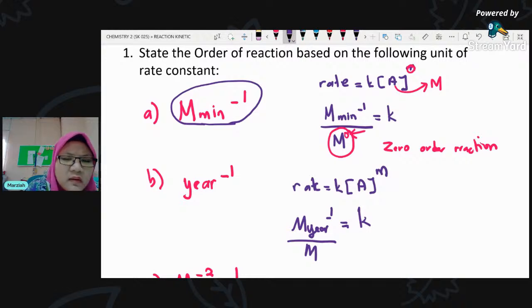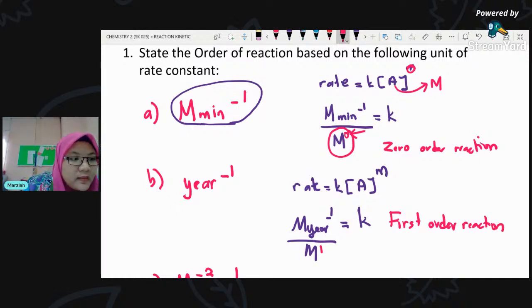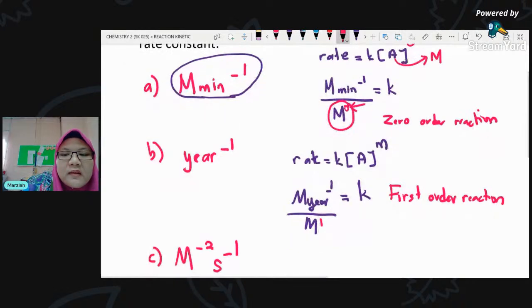Is that 0? If we put 0 here, then 1 minus 0 gives 1, so you won't get per year. Yes, correct, the answer is 1. It is a first order reaction.